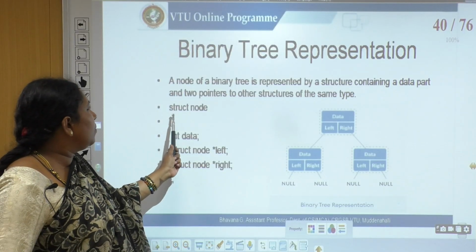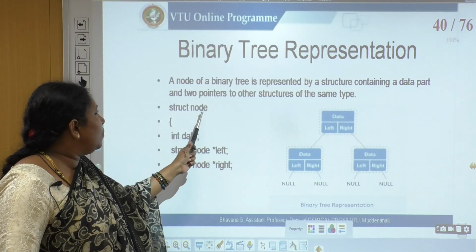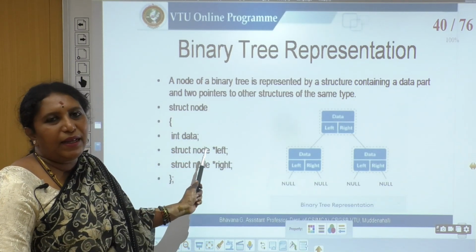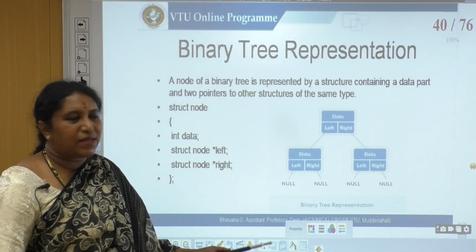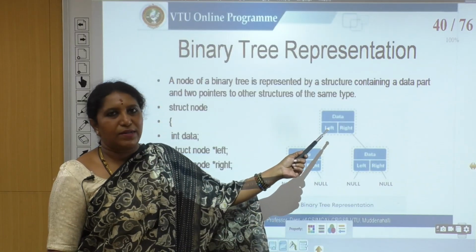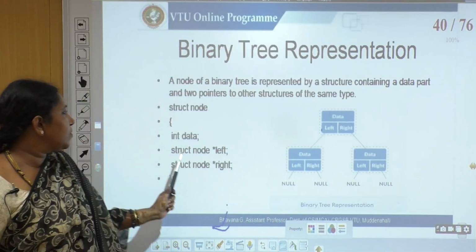Here we write struct node, which creates a new node. Inside the node, as I told you, it is like a doubly linked list, that is why we have 3 fields: a data field, a left link and a right link.